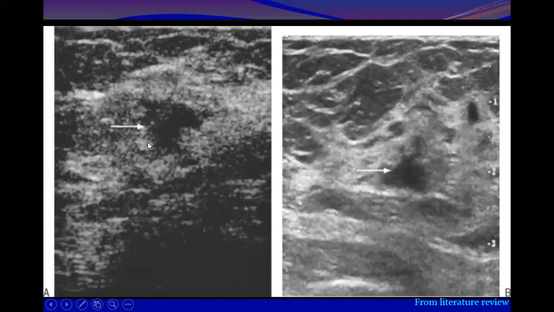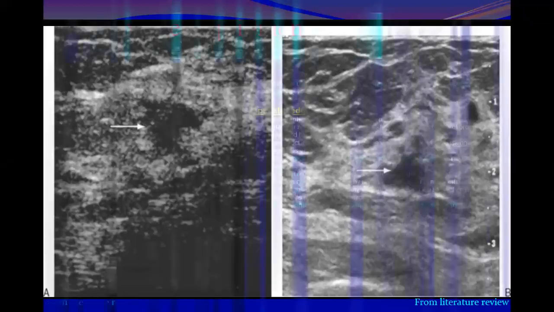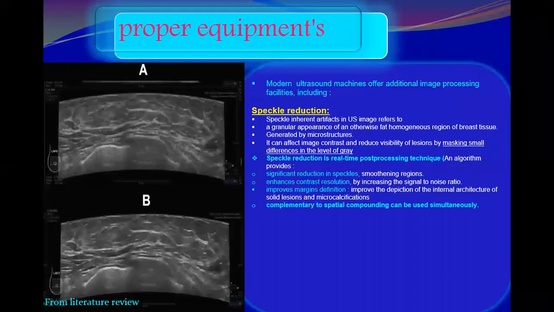It will be difficult to characterize or to pick up lesions, not like in this image. So the speckles will affect the interpretation of the image and the visualization of the lesion. It will mask small differences in the level of gray.